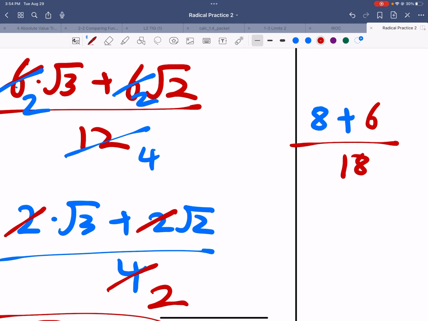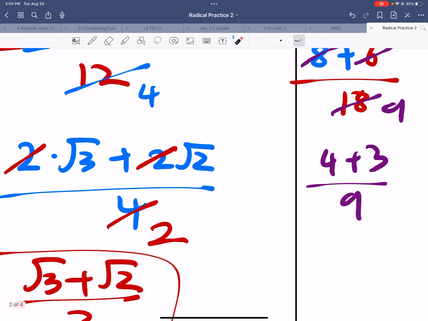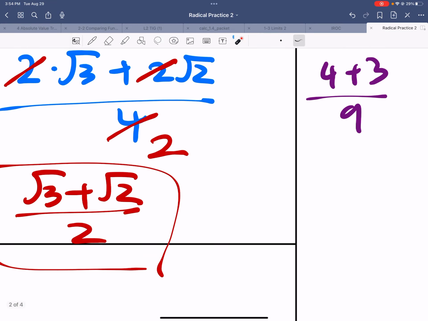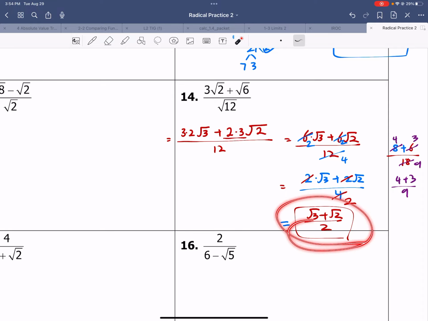So this is what I'm doing here. I divide by 2. So this one becomes 4, this one becomes 3, this one becomes 9. So I get 4 plus 3 over 9. Is there anything that I can simplify further? Like 2 goes into 4, but 2 does not go into 3. 3 goes into 9, but 3 does not go into 4, so that's it. Just like this, you keep doing it until you cannot simplify further. That's it.